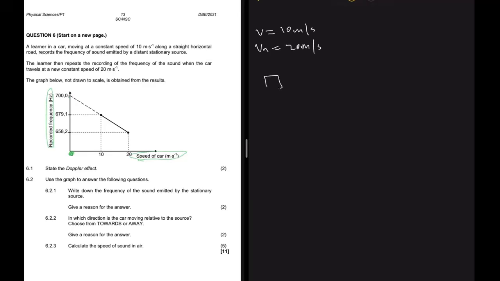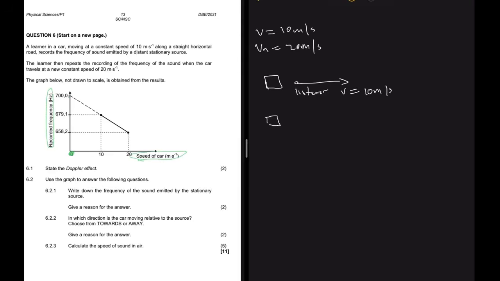This question is saying that the sound source is stationary. What is moving away is the listener. In the first scenario, the listener is moving away at a velocity of 10 meters per second.